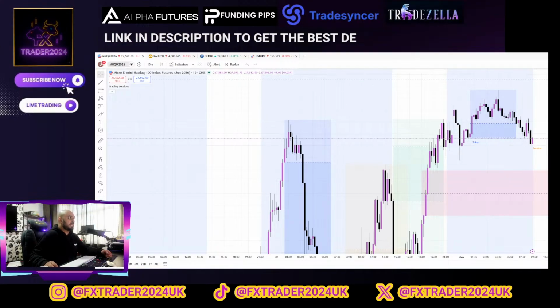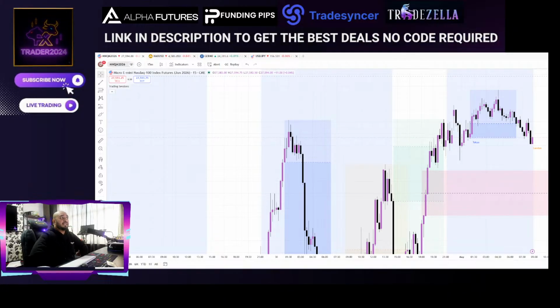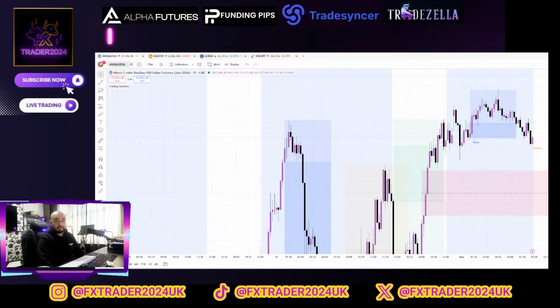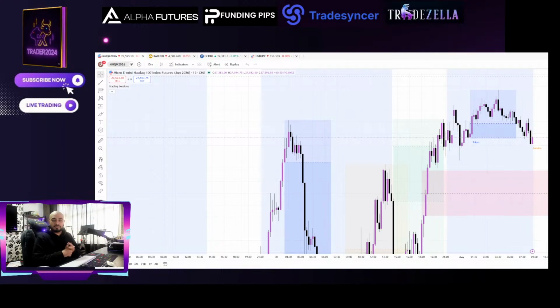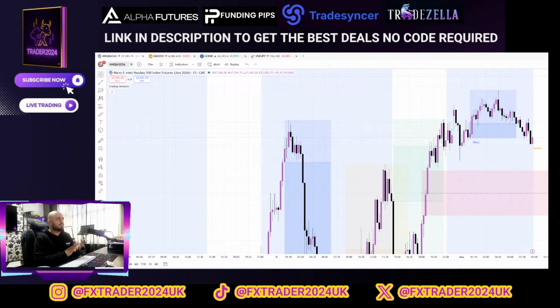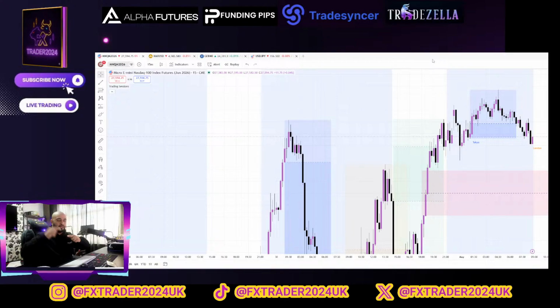What's the difference between NAS 100 CFD, NASDAQ, and futures? On CFDs, when you're trading contracts for difference, basically they have spreads. With contracts for difference, prop firms even, you can trade Forex, NASDAQ, S&P 500, oil, Bitcoin, crypto, commodities, everything. But when you trade with them, you get a spread.